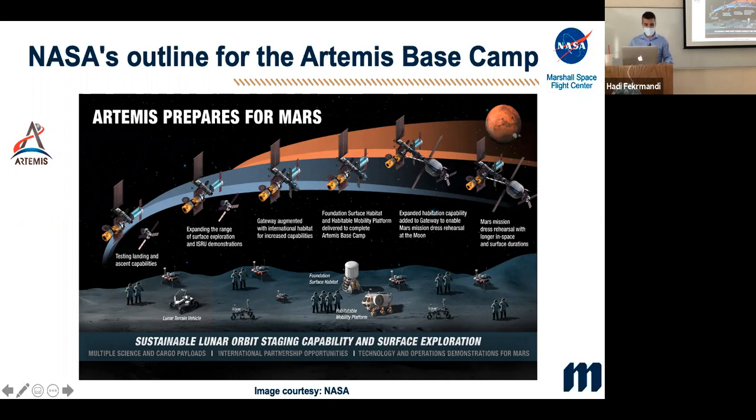The whole idea is to have astronauts, rovers, and multiple missions. But the primary objective is to have mobility systems and mobility rovers, and also stationary stations and astronauts present on the moon.